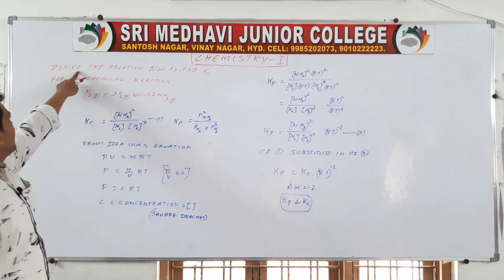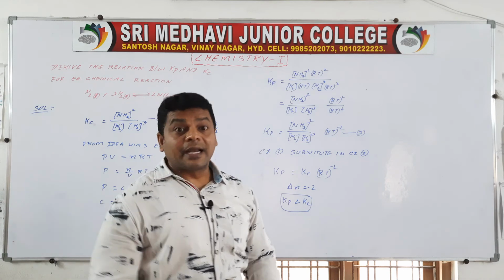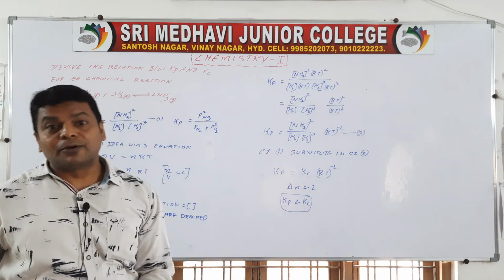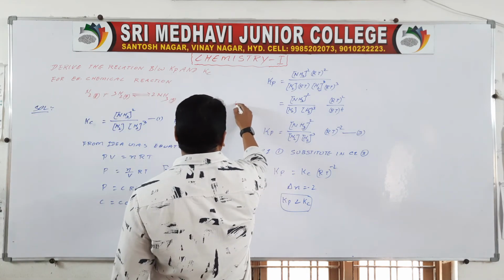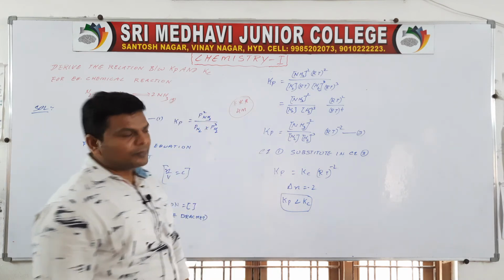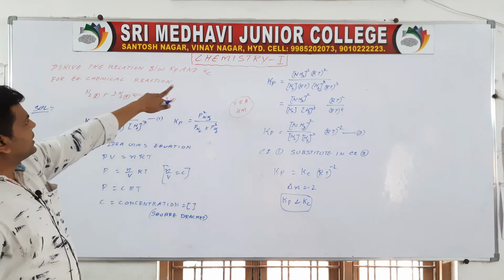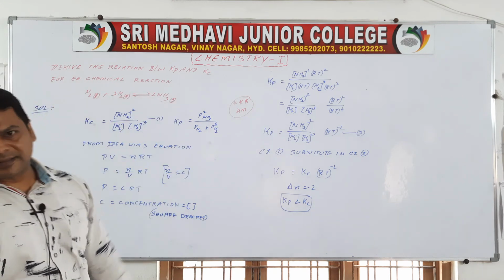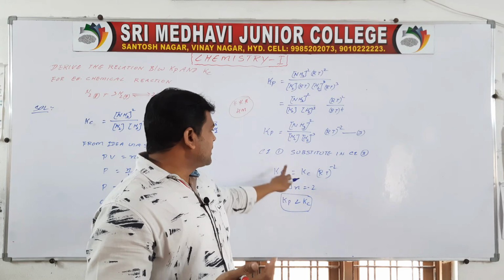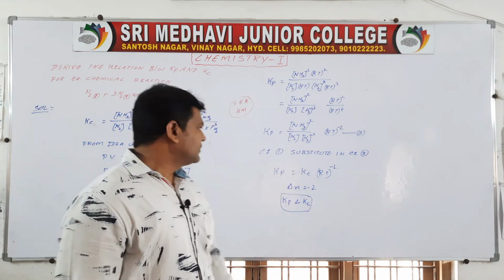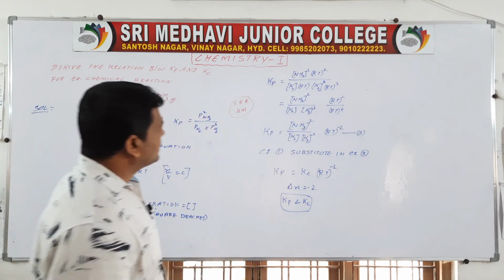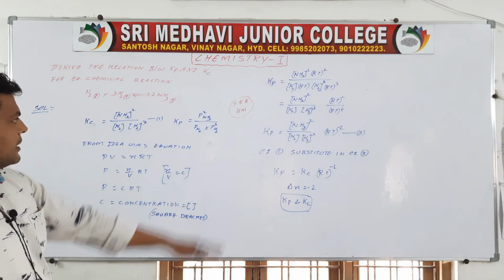Understand? Derive means you have to write all this. Write the relation means you may write only this, which is enough for 2 marks. All this is for 4 marks. Derive the relation between Kp and Kc means you have to write all this. Otherwise, write the relation between Kp and Kc for the equilibrium reaction means you have to write only this. So in the place of Kc, I am writing it, then it will be modified like this.